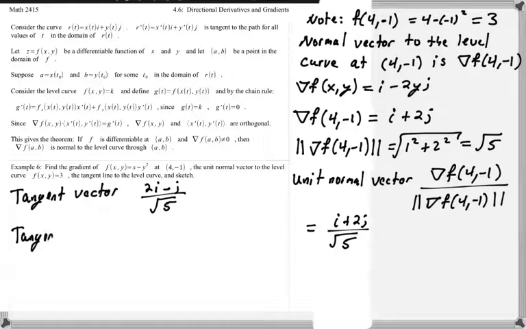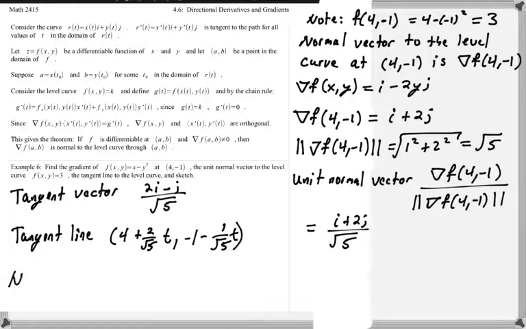And the tangent line is going to be 4 plus, and then we're going to get our slope from the tangent vector, so 2 over root 5 t, and then negative 1, and then negative 1 over the square root of 5 t.